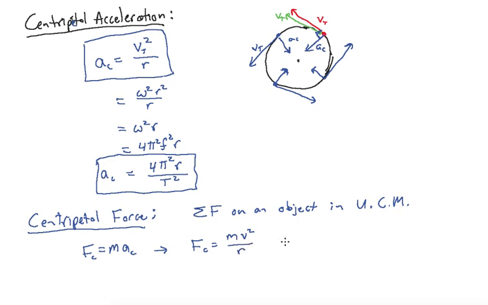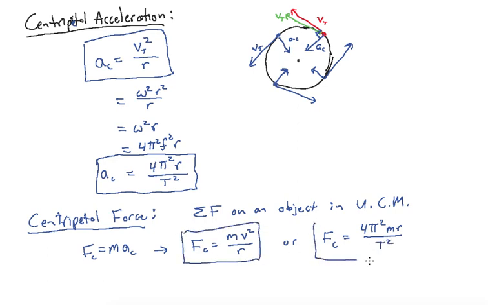And then you can do the exact same thing as above and make this Fc equals, go through the same steps, just carrying an m along with it, and you'll get 4 pi squared mr over period squared, okay? So those are our equations for centripetal force.